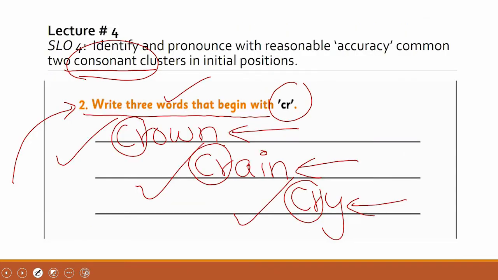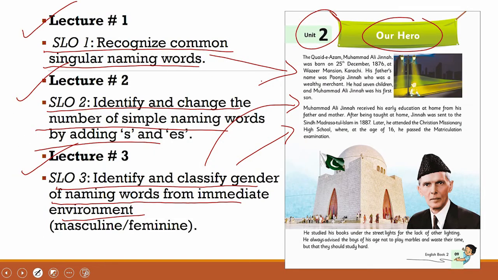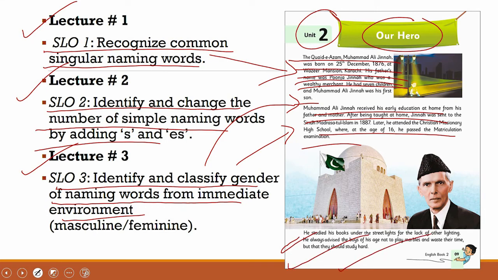So you need to go back to the unit, and once again you are going to read these lines till the end of the unit and circle those consonants, kl and kr.